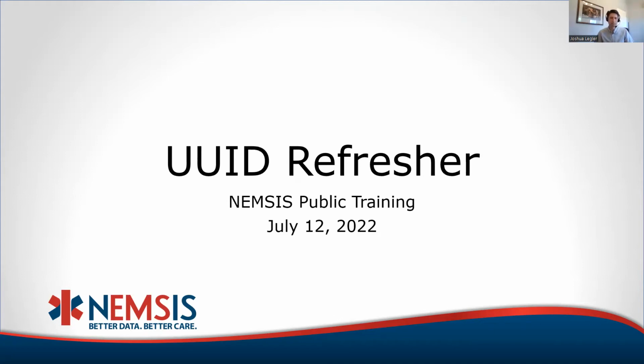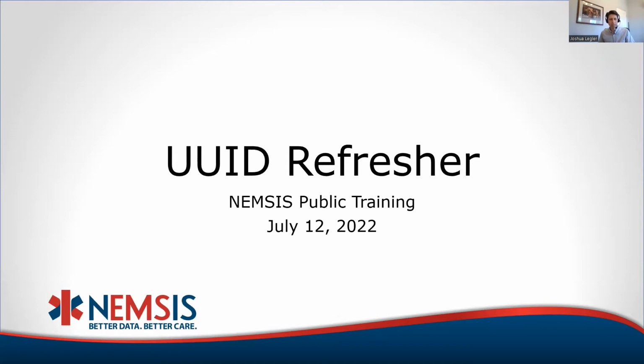We have a good sized group this morning for this UUID refresher. The UUID was introduced in NEMSIS 3.5 when the conversation started back in 2016, and then NEMSIS 3.5 came out in 2019 and was finalized then. This training today is meant to be a refresher.